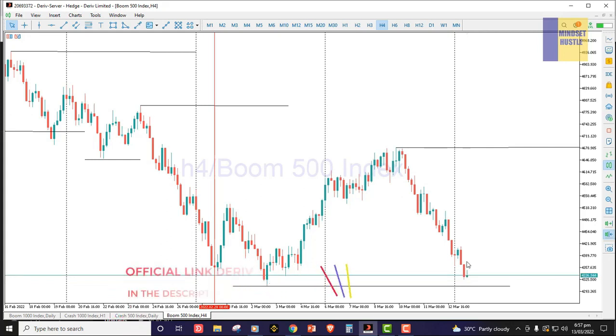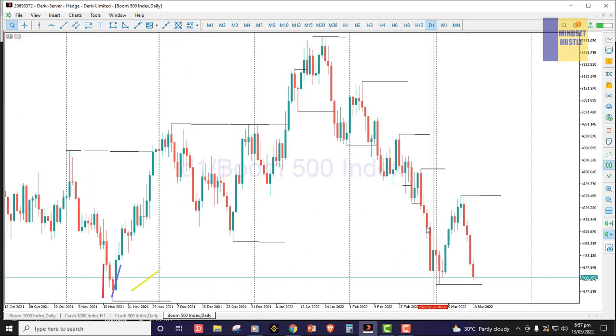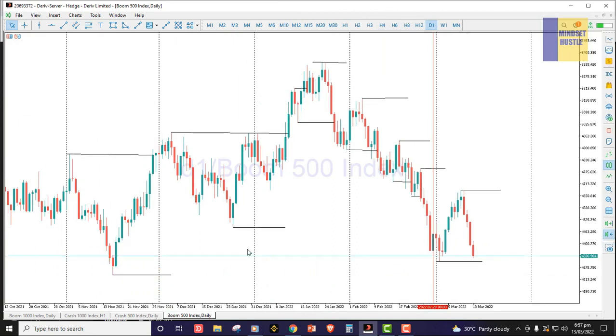But mind you, one thing you need to understand: if you come to the daily time frame, we are around what we call a daily time frame demand. So price has already mitigated that area. Now you can go onto the lower time frame because this area has already been mitigated.